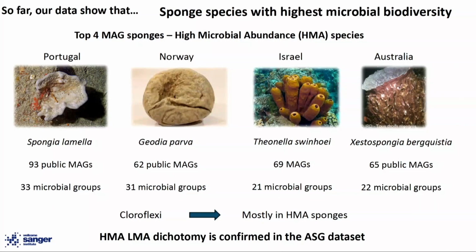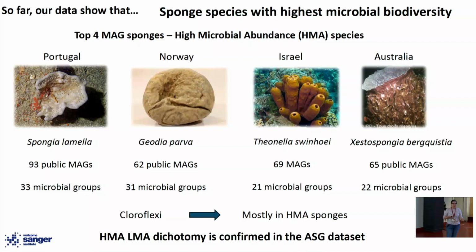So far, our data showed that, and this is really just insights. This is really preliminary. We haven't done any analysis about this. But what we could see is that the top 4 MAG species, the sponges with the highest number of metagenomes, are all high microbial abundance sponges, or HMA. And they vary widely geographically, from Norway to Australia.